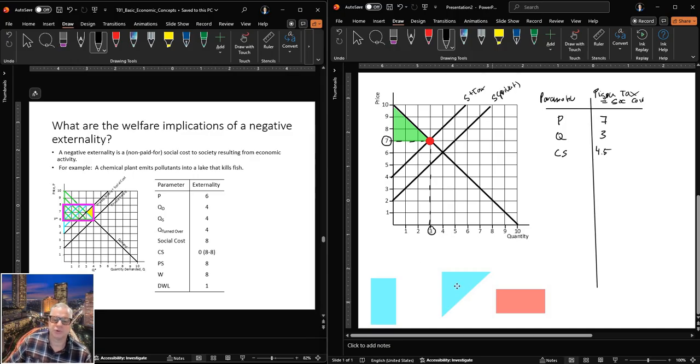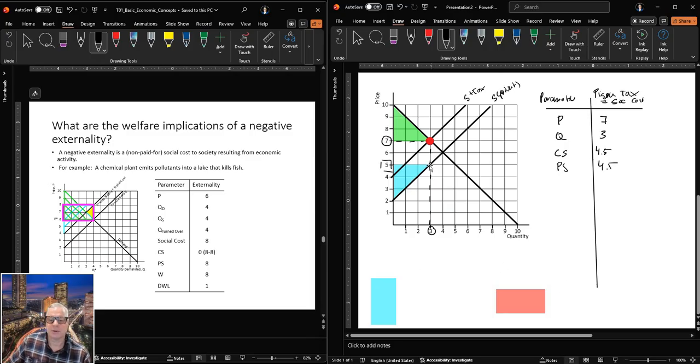What about producer surplus? It's this one here. Or if you want to, you can put it here, because even though the producers get now at the cashier 7, their net price is again only 5. But producer surplus, the blue area, is 4.5.